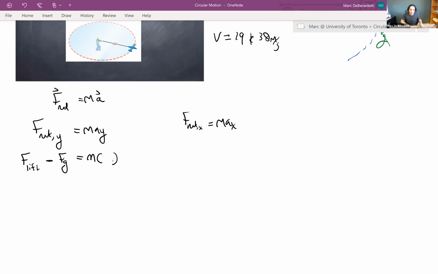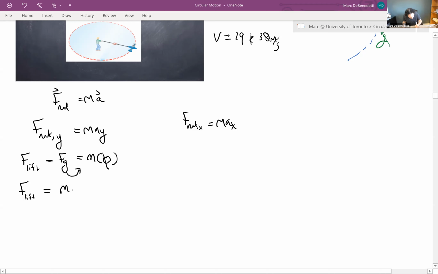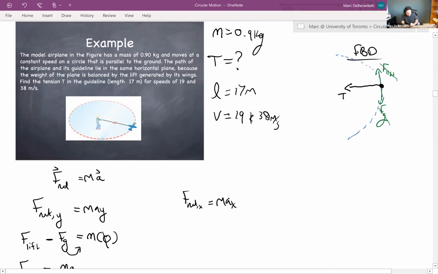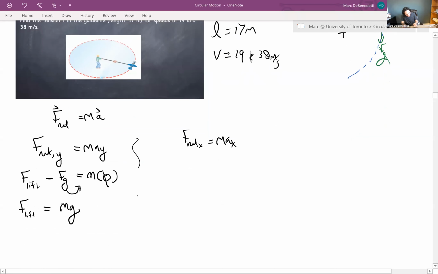The vertical position is constant. So the acceleration in the y direction is 0. Here you just see that the lift provided by the wings is equal to the force of gravity, mg. It's valid, it's just not very useful in this case. That's why I was saying earlier, the lift and the gravity just cancel. Okay, so that's that. Moving on to the x direction.